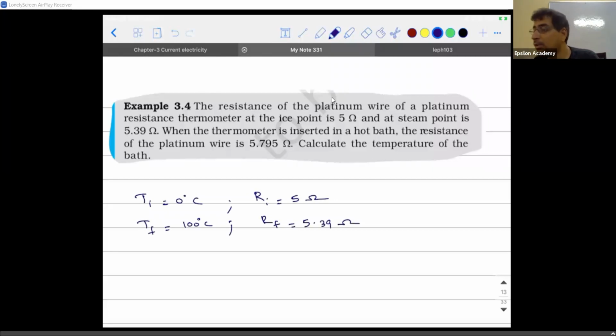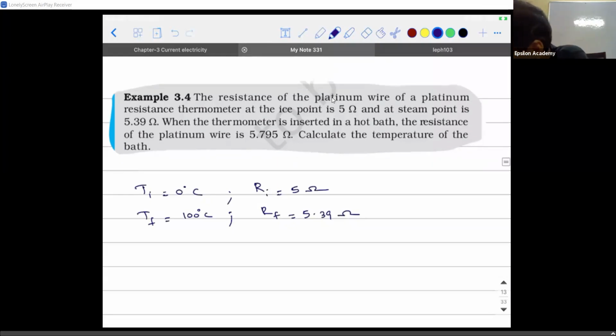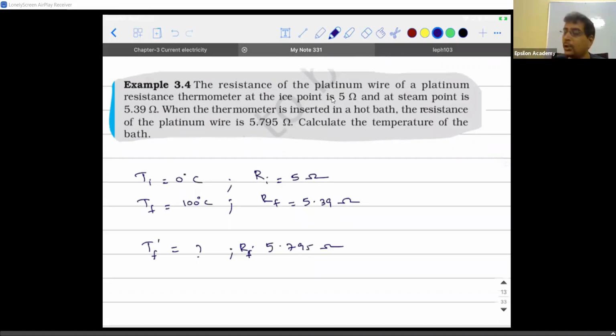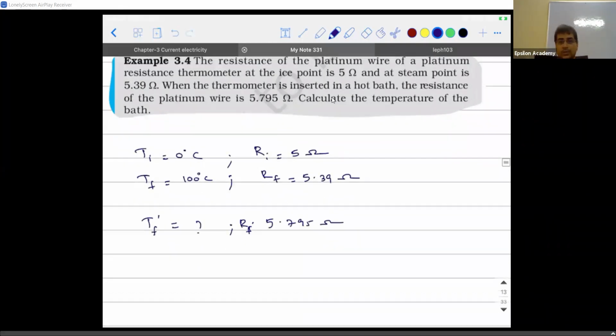Then when the thermometer is inserted in a hot bath, there is some particular temperature which we don't know, at which the resistance of the platinum wire is 5.795 ohm. Now tell me logically, look at the values. Platinum is a metal, so it is a conductor. For a conductor, what does the theory say? Resistance will increase with temperature.